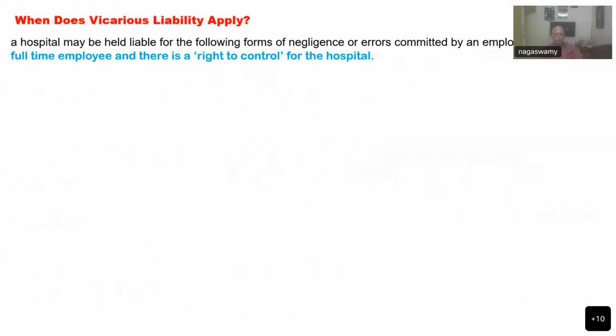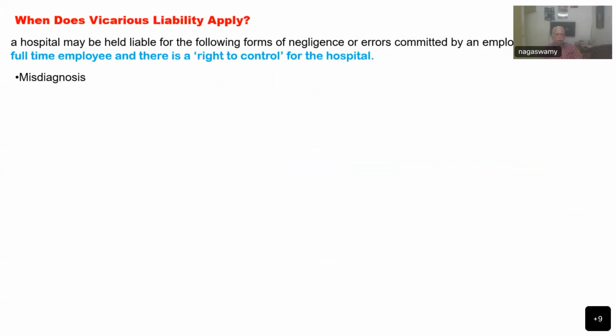A hospital may be held liable for the following forms of negligence or errors committed by an employee if he is a full-time employee and there is a right of control for the hospital. These two things are important. And what are all the mistakes or negligence the person can commit? He can make a misdiagnosis.